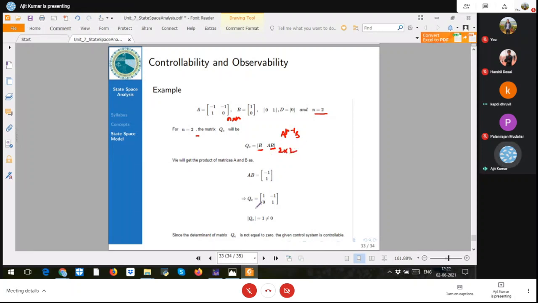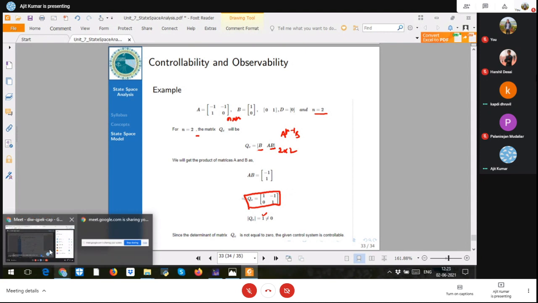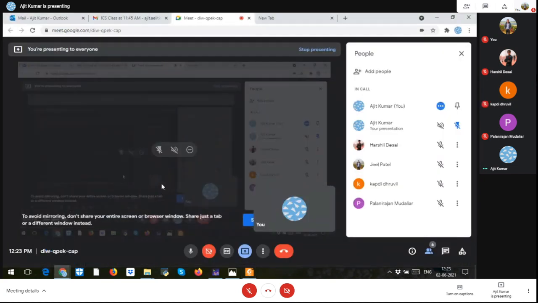Right, now you see, so you are right, your answer is now QC equals 1 -1 0 1. So this is your controllability matrix, and your determinant is 1. Okay, I think there is some cross connection.